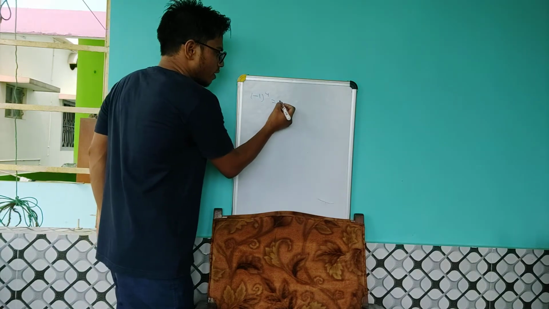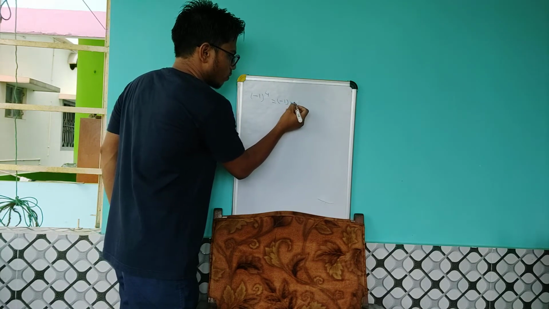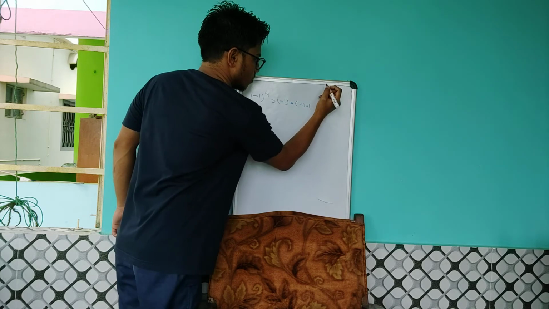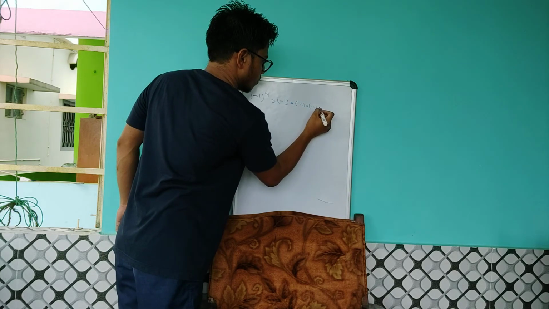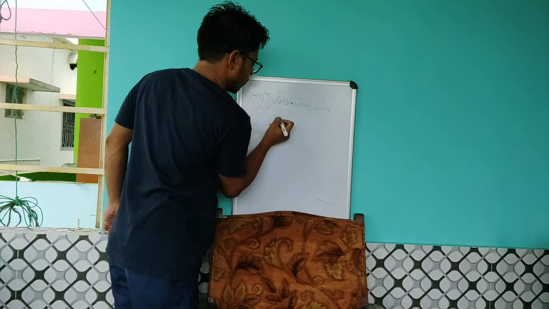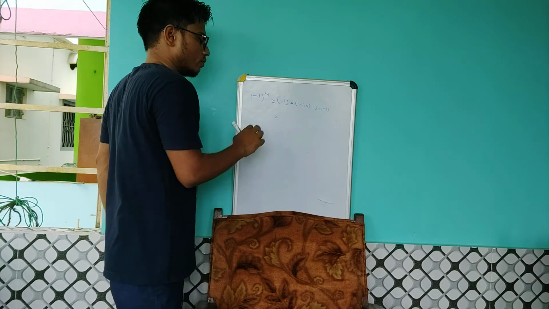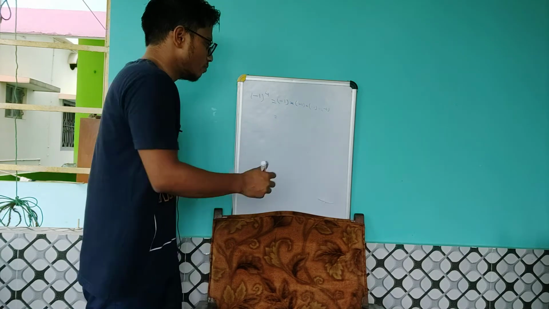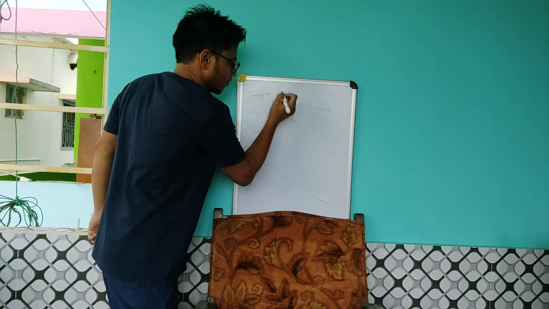We will multiply -1 four times. We will get -1 into -1 is plus 1, and -1 into -1 is plus 1, and this whole thing becomes plus 1.